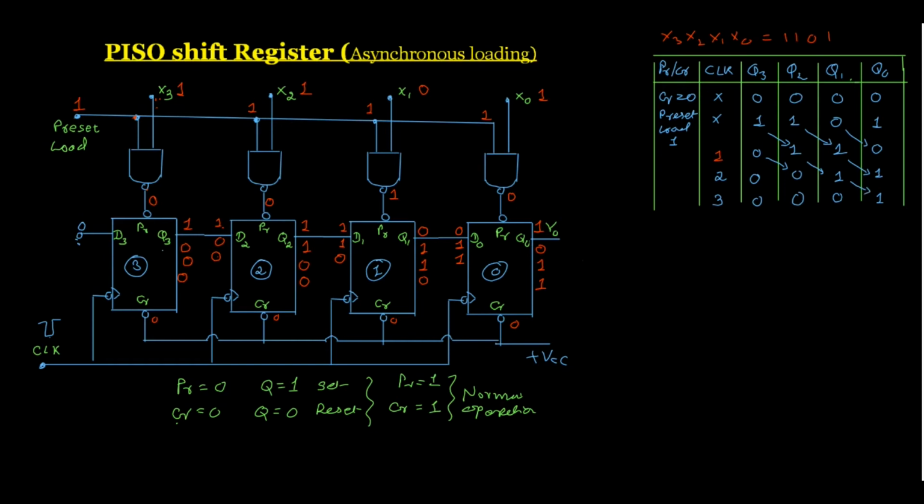So you can see that this Q0 is nothing but my output. Remember, this is your serial out. So whatever I am observing here on Q0 is Y0. So with the first clock pulse, the 1 is present, then the 0 has come out, then the 1 has come out, and then another 1 has come out.